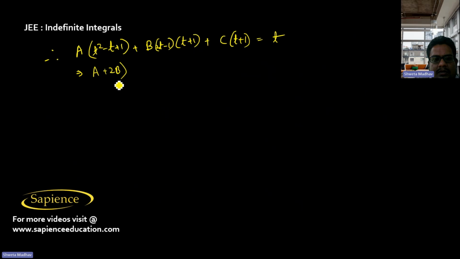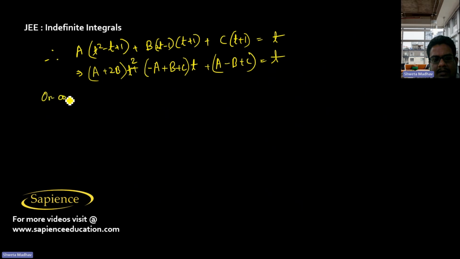Then the coefficient of t is minus a, plus 2t minus t, so plus b, plus c into t. And the constant term is a minus b plus c, that is equal to t.